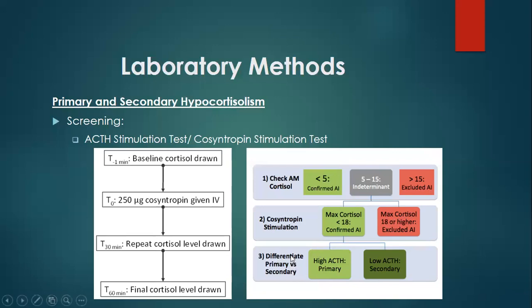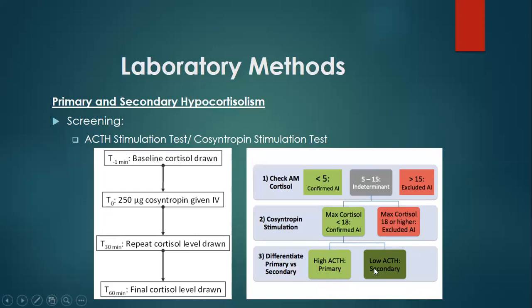Decreased glucocorticoid would mean decreased cortisol, and via the negative feedback mechanism, this would stimulate the anterior pituitary gland to release more ACTH. So in primary adrenal insufficiency, you expect high ACTH levels. But for secondary, which is caused by decreased production of ACTH, the defect is in the pituitary gland, so you expect low ACTH.